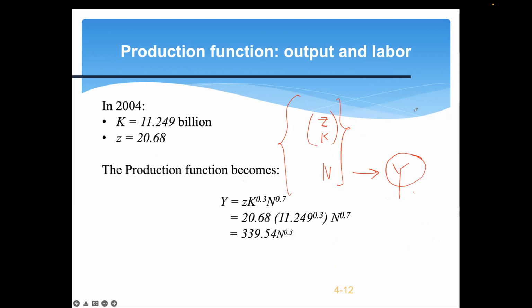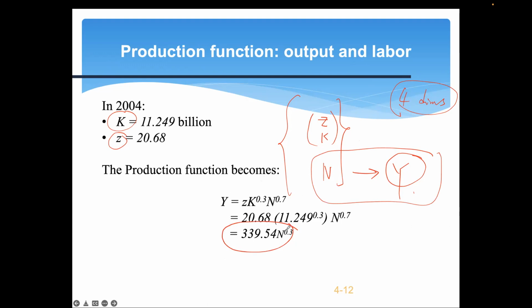Because it's too complex, a total four-dimensional problem, instead we are going to look at a particular dimension, or in mathematics we call this a projection. Now just imagine if we fix Z and fix K, and then we plug in the numbers, we are going to have the production function look as follows.